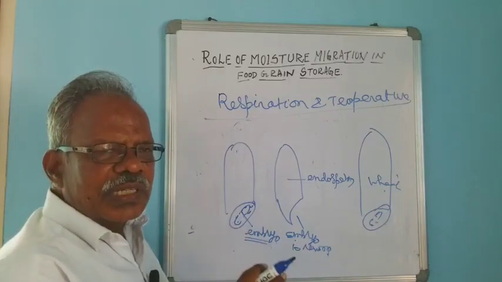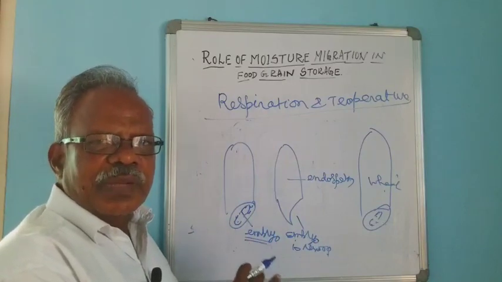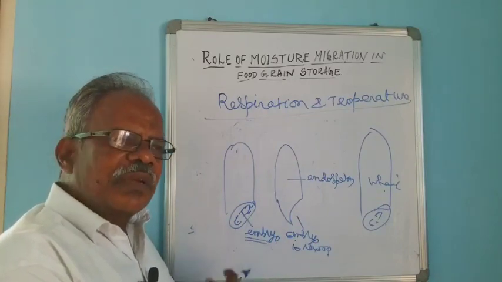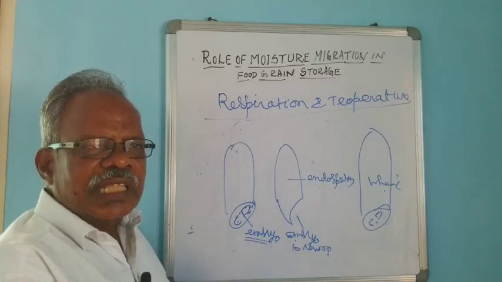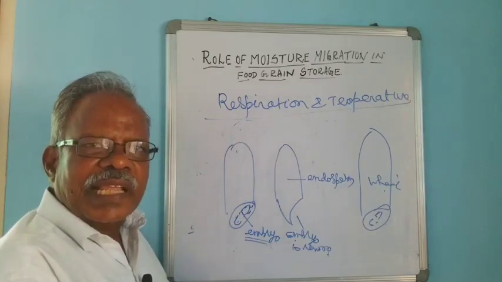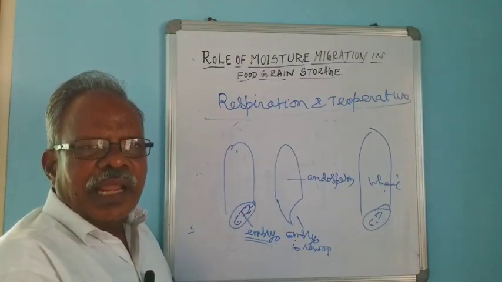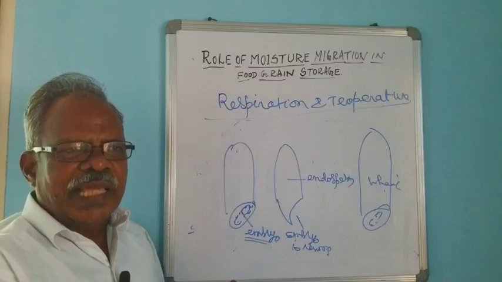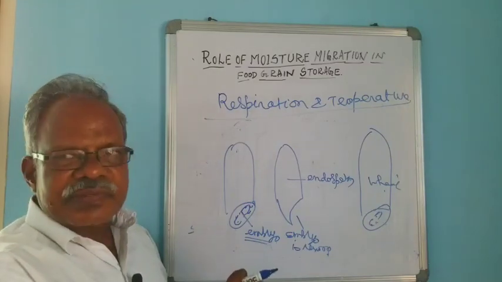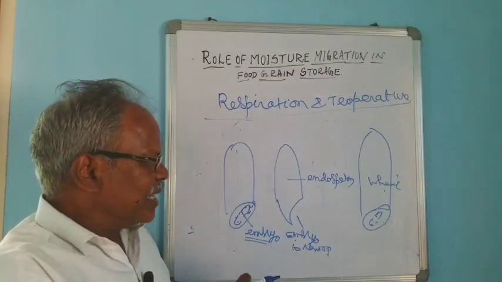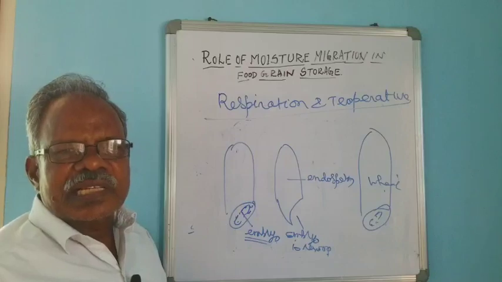So under controlled respiration and controlled temperature, the health of the food grain is maintained. If the temperature and respiration are not controlled, respiration activity may be very rapid, and there may be dry matter loss also. So that has to be controlled by all means.